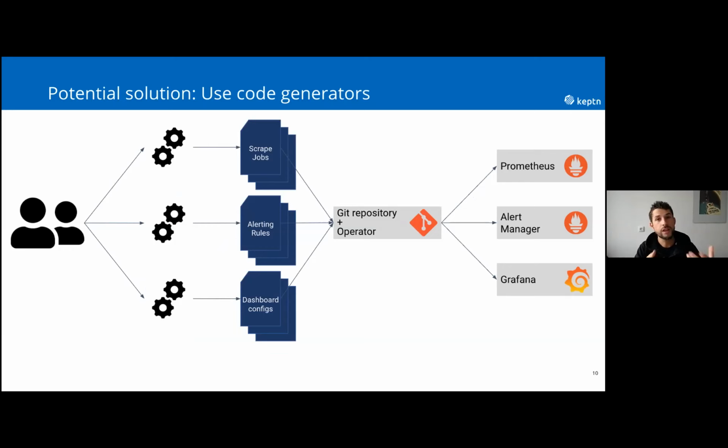So you can feed them with some input data, and they will generate this configuration for you, which is really cool, because if you think about how often you have some issues in a YAML file because of white spaces or in JSON because of some brackets. So you can really limit all these errors by putting the input data in a code generator, and then the code generator will generate these files for you.